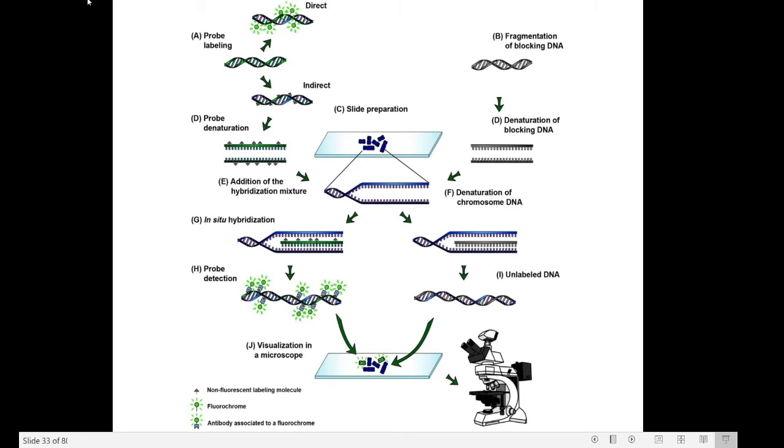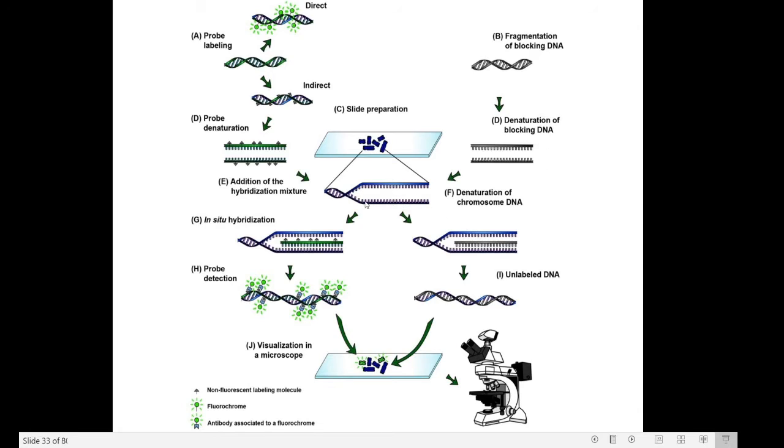Explaining the image, in the first step they have the DNA probe labeled with the molecule. This is added directly to the slide. Here we have the labeled DNA, here we have the non-labeled DNA. Then denaturation happens in both labeled and non-labeled DNA.